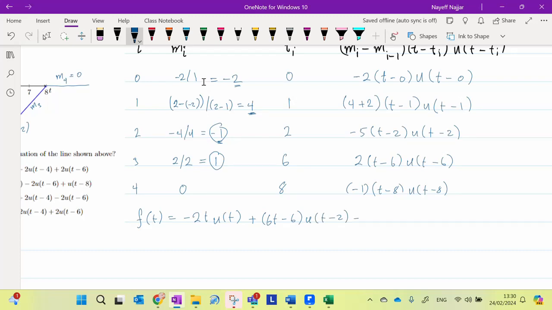Then I have minus 5t plus 10, multiplied by u of t minus 2, and then I have plus 2t minus 12 u of t minus 6, and then minus t plus 8 u of t minus 8.